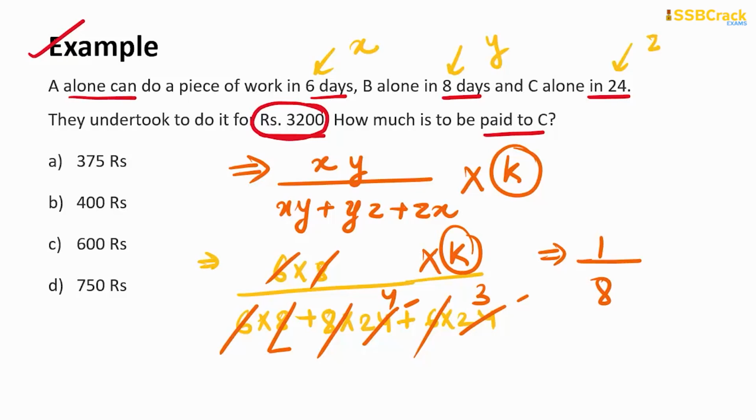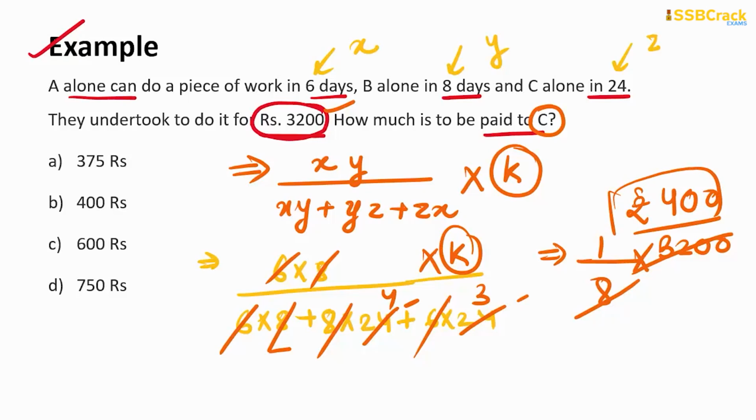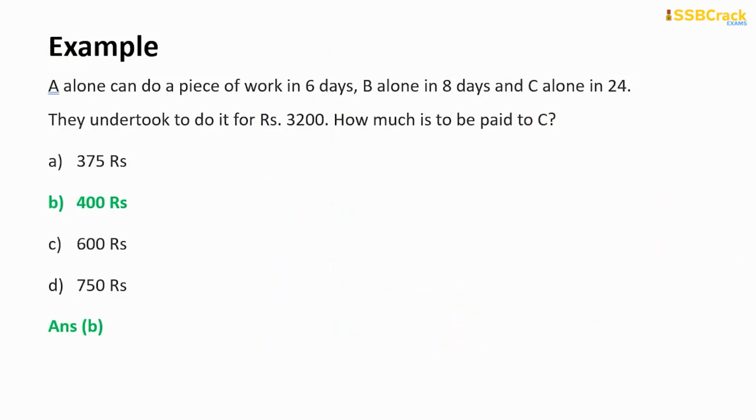So k is our 3200. So it will be into 3200. So 8 ones are 8, 8 fours are 32, right? Hence the answer, that is the amount paid to C, will be rupees 400. That is, option B should be the correct answer. Let's check. So yes, option B is correct, right?